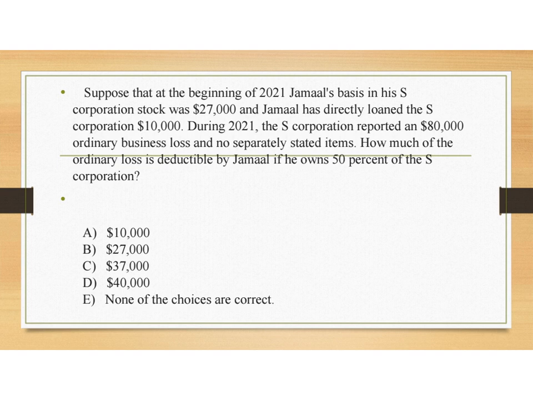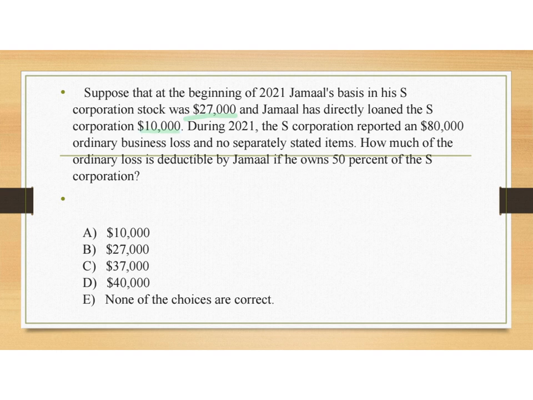All right, so this question is about loss limitations. Okay, so let's see what we got. We've got the beginning of 2021, and Jamal's basis in his S Corporation stock was $27,000, and he's directly loaned the S Corporation $10,000.